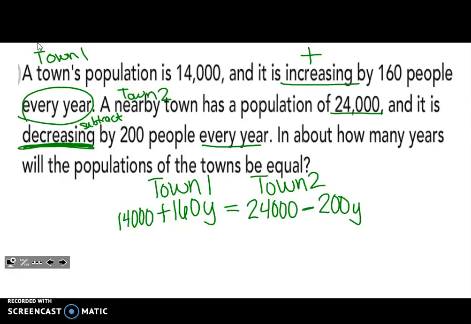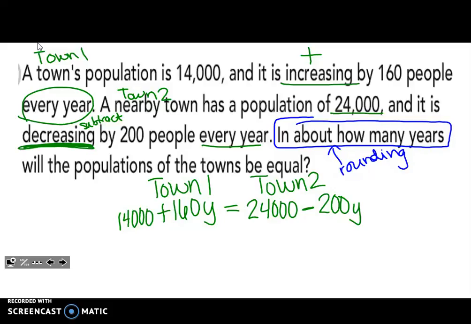Now on this problem, in the question, it says, in about how many years? When you see in about, you know you're going to be rounding. So you need to round to the nearest tenths place, which is one place past the decimal.